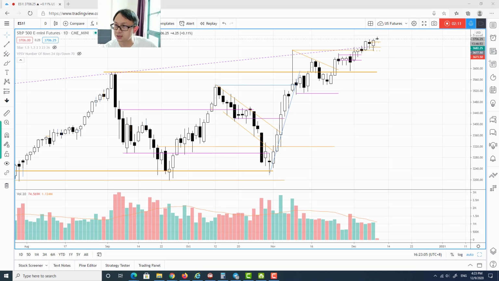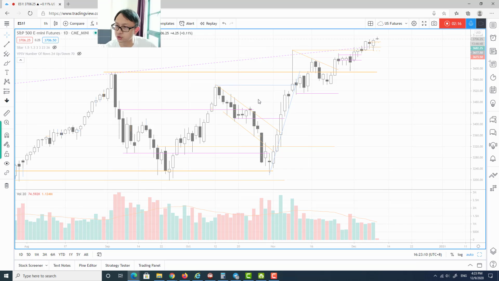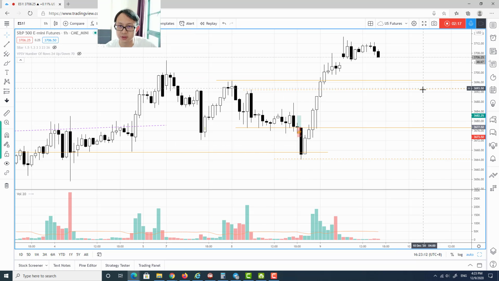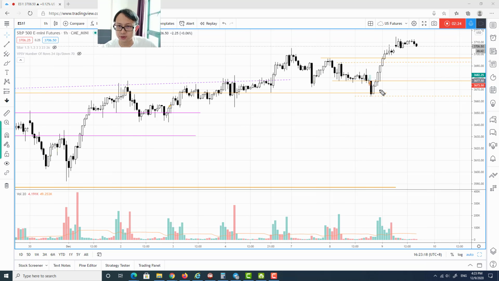Let me just get down to the hourly time frame and let's just see what else we can extract from the hourly chart. So in the hourly chart, we can obviously see this very straightforward uptrend during pretty much the US session.